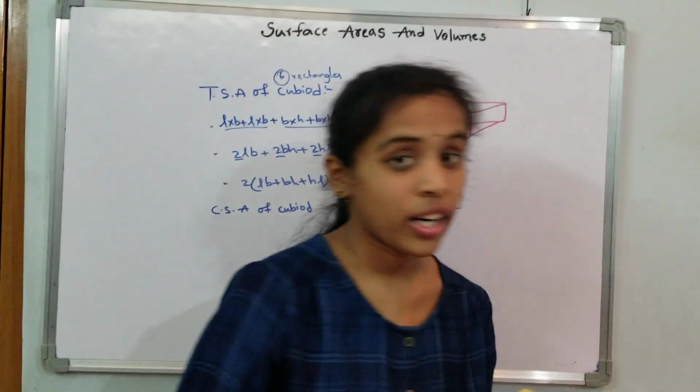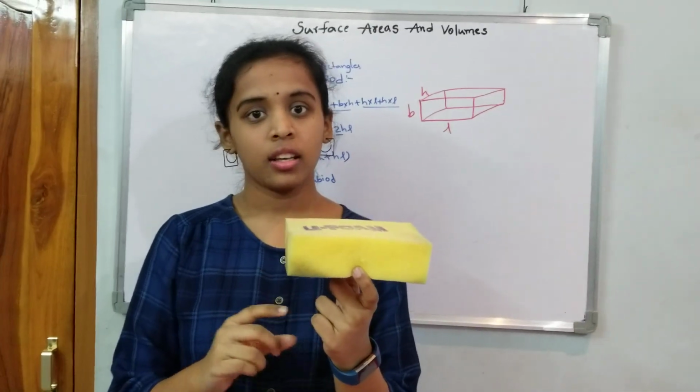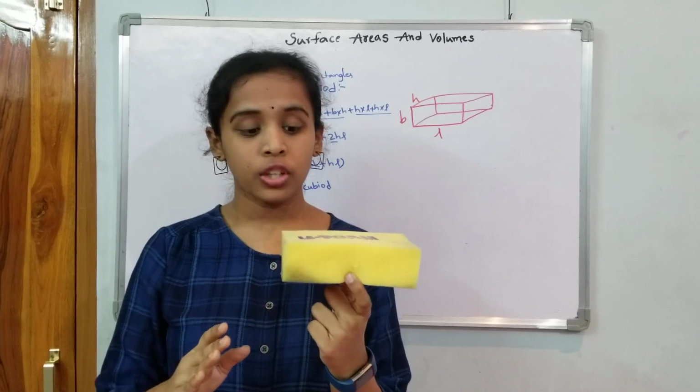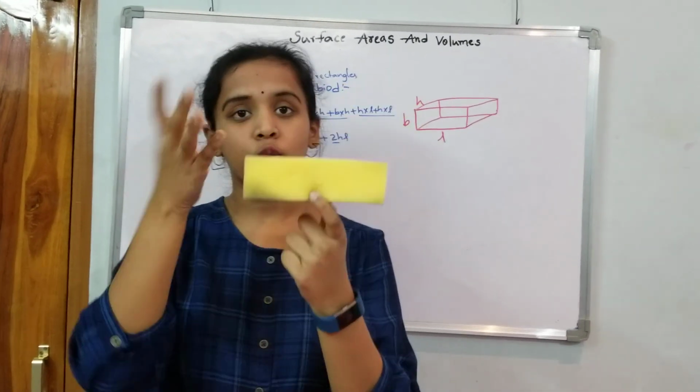First, what is the curved surface area? It has 6 rectangles. Now we have to find the curved surface area. Curved surface area means which does not have top and bottom. It has only 4 surfaces.